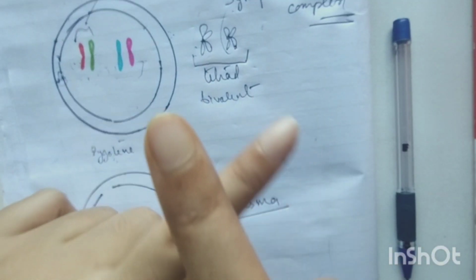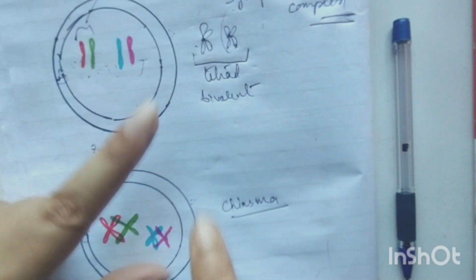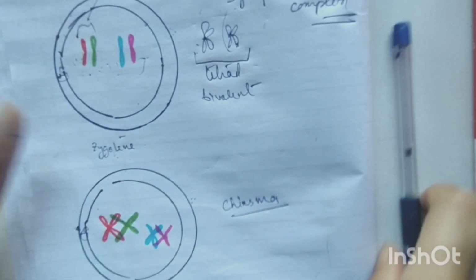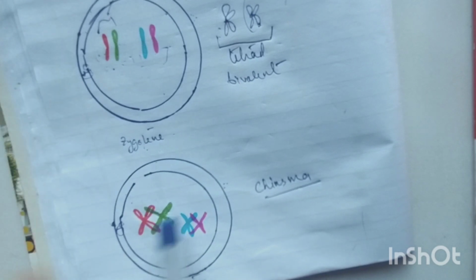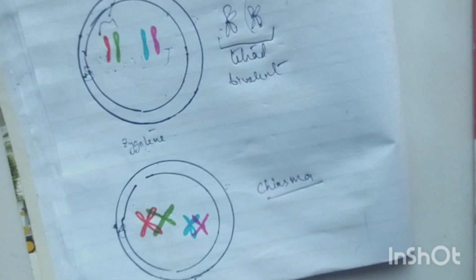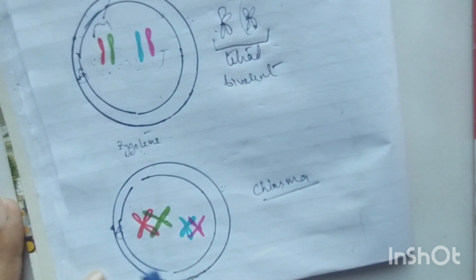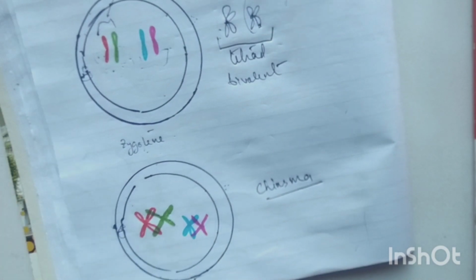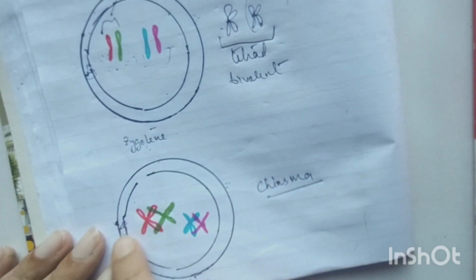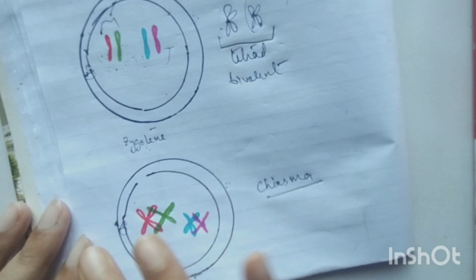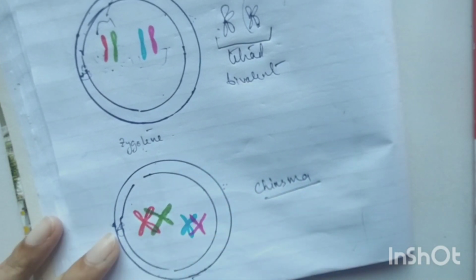The point at which the crossing over takes place is called the chiasma. To hold the pair together, the synaptonemal complex is still there. And here we can see that the nuclear envelope and nucleolus did not disappear yet, and the centriole is still in its position. So this is what happens in the pachytene stage.